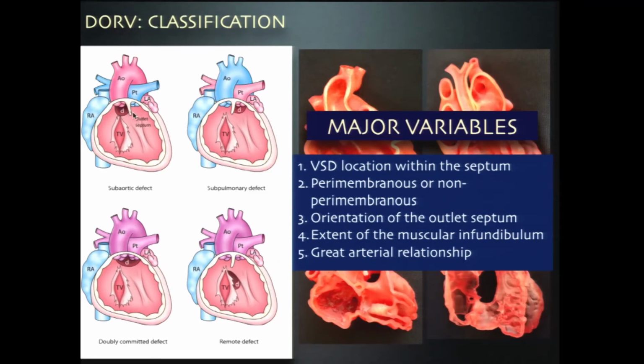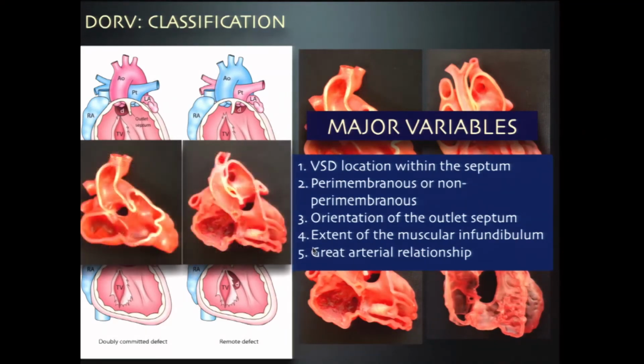Here, what is different is that the outlet septum, infundibular septum, is to the left margin of the VSD, isolating this VSD from the pulmonary trunk, exclusively committed to the aortic valve. Here, outlet septum is on the other side of the VSD, to the right margin of the VSD, isolating this VSD from the aorta, but immediately below the pulmonary trunk. So that's what I mean here. Orientation of the outlet septum relative to the VSD margin is important.